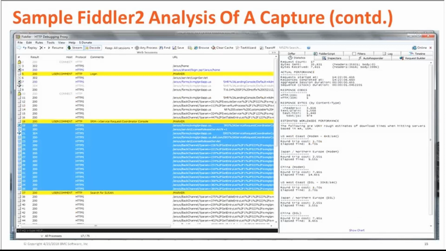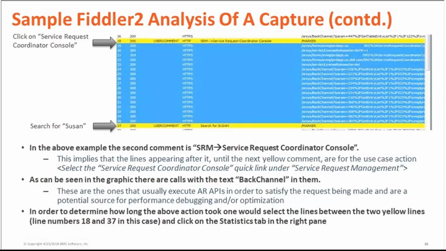About 17 calls. I highlighted those calls, and in the right window, I clicked on the statistics tab, and that tab showed me that I had 17 requests, the number of bytes sent, the bytes received, and the time it took for all those 17 calls to finish. And the next screen has some details.